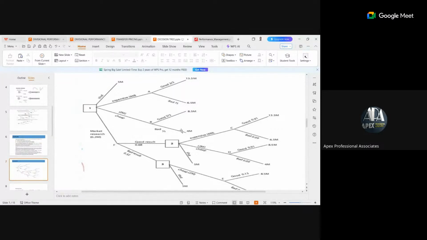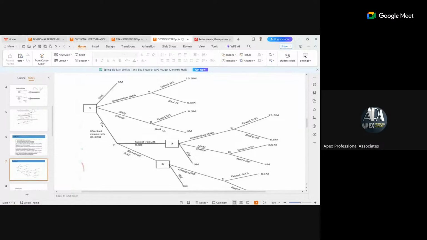So for you to determine the expected value at point B, you multiply 2/3 by 8.5 million, plus 1/3 multiplied by 4 million. Now, moving to the market research.